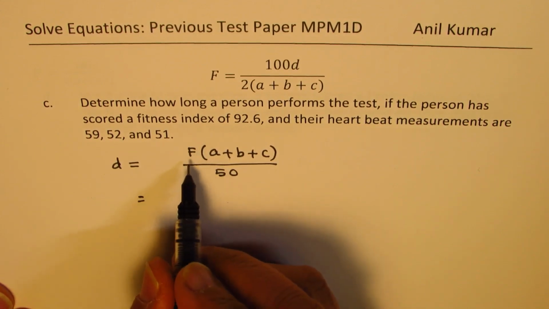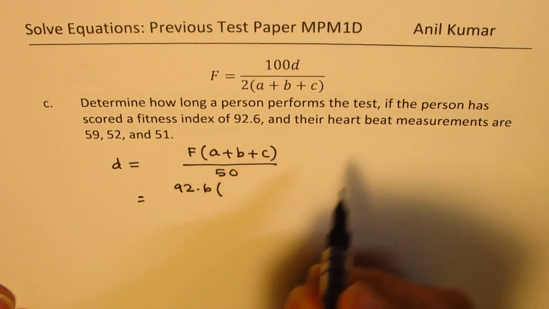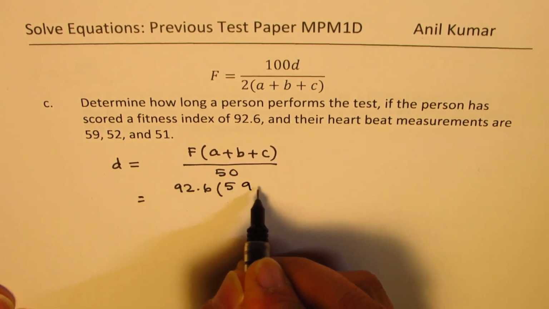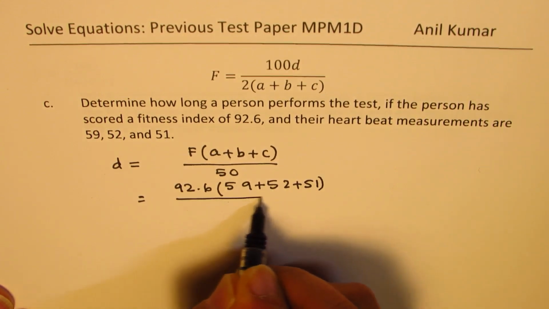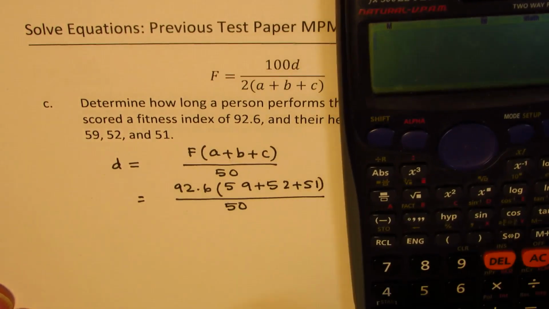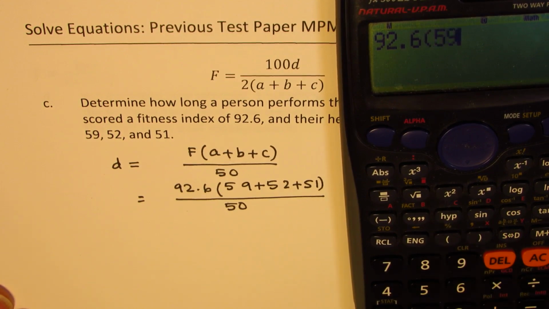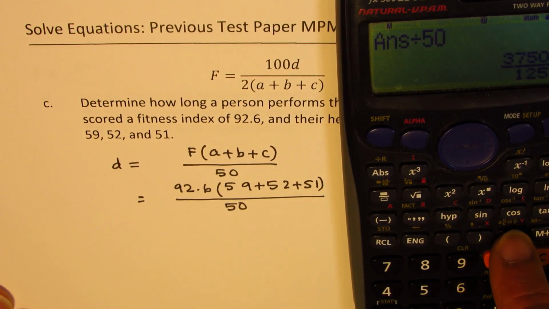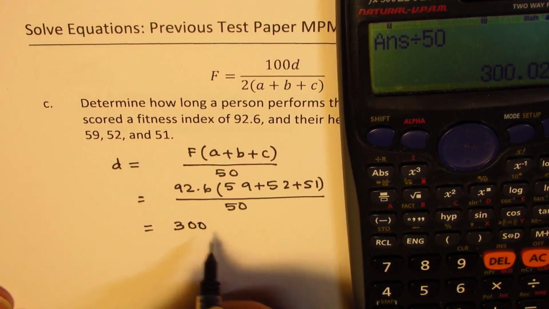So F is given to us as 92.6, and the three ratings are 59 plus 52 plus 51, right? Divided by 50. So let's calculate. 92.6 times, within brackets, 59 plus 52 plus 51, divided by 50, and the decimal equivalent is 300.